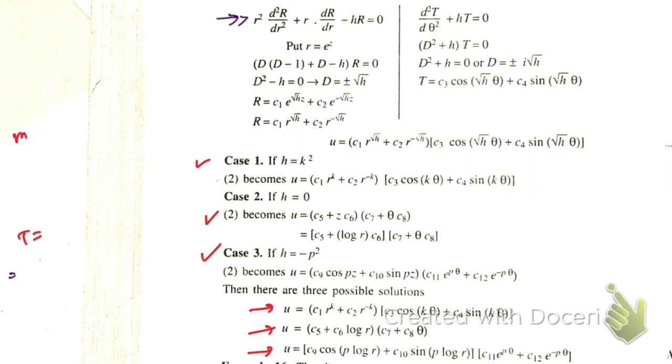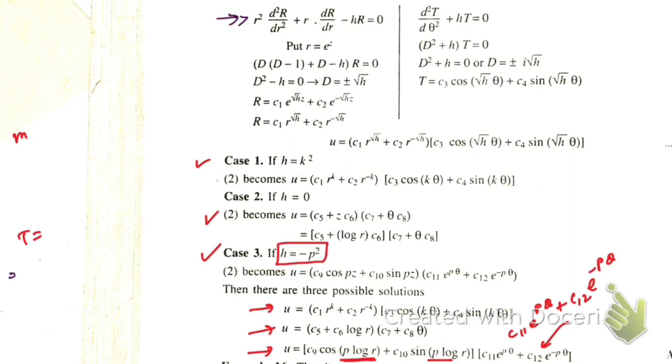So when you have taken h is equal to minus p square, then your solution should be of this form, right? If you cannot see this part, let me write here c11 e to the power p theta plus c12 e to the power minus p theta, this part within the bracket. So I hope you have understood this.